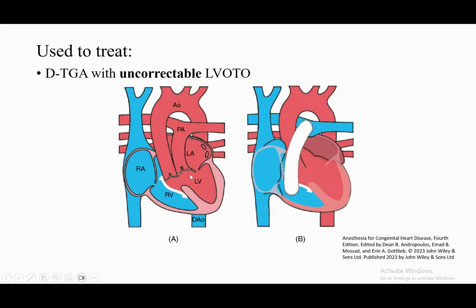So we ignore the LVOT stenosis, and the blood passes from the left atrium, left ventricle to the aorta through the VSD, and then blood in the right ventricle is shunted to the pulmonary using an external conduit.